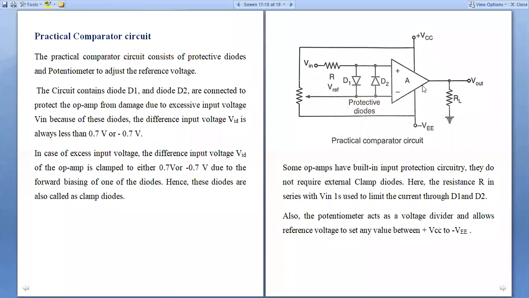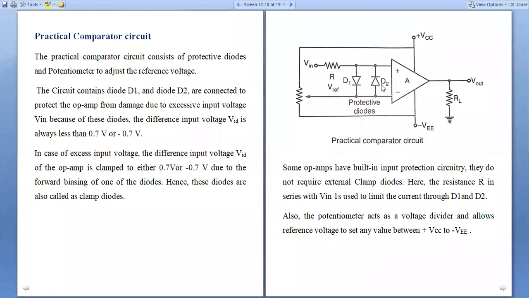So in order to protect the operational amplifier from input surge voltages, one of the diodes is forward biased and clamped, such that the input voltage exercised is only in a range of plus 0.7 volts to minus 0.7 volts.